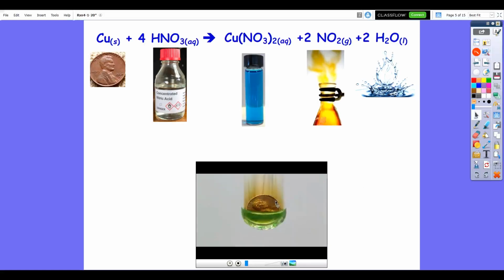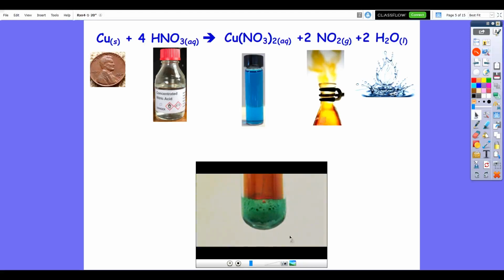So there's our penny. We've added the nitric acid, and already you can see the brown yellowish gas starting to form above it. Something else we learned about last fall is if you see bubbling, that's an indication of a chemical reaction. It means gas is being produced.